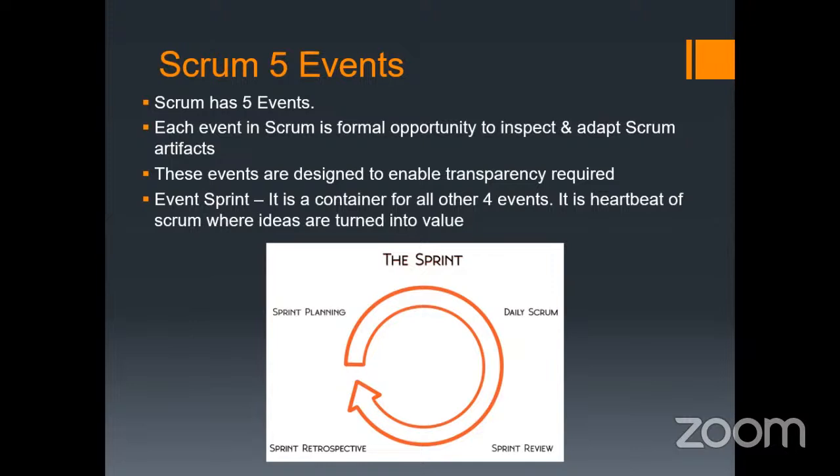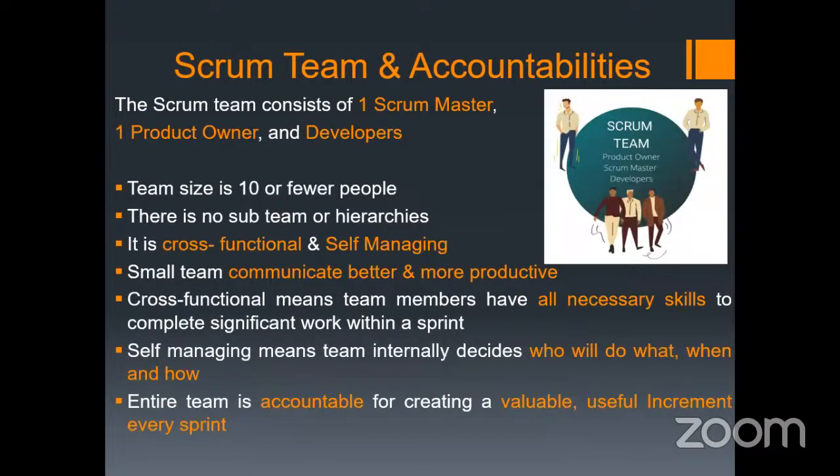So as of now, we discussed the Scrum 3 pillars, 5 values, and 5 events. The main event is the sprint, which is called the container, and the 4 other events: sprint planning, daily scrum, sprint review, and sprint retrospective. Now we will discuss the Scrum team.